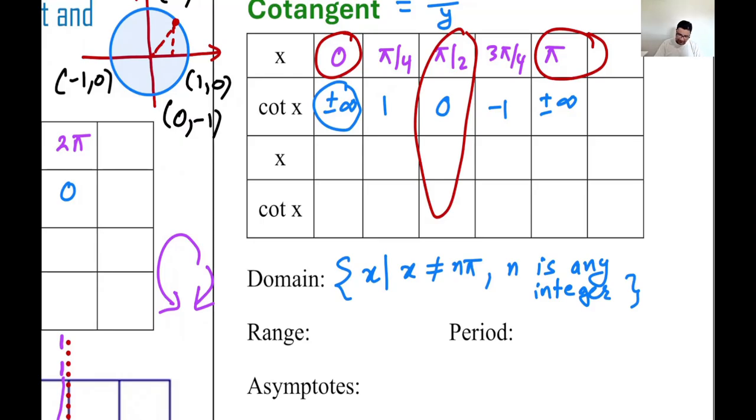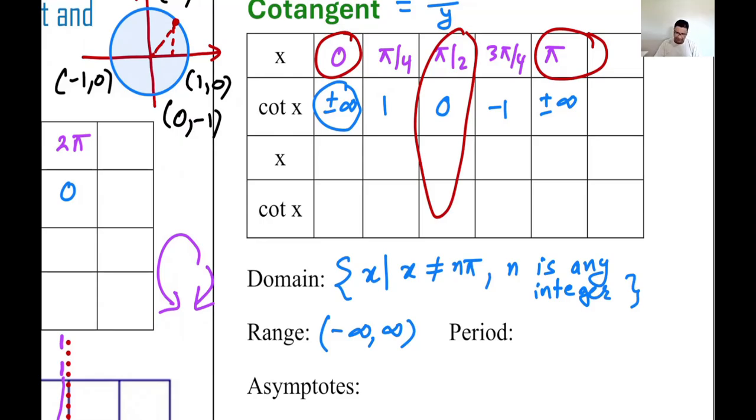As far as the range is concerned, we will get everything again, but I'll show you in the graph also in a second. For now, I just want you to see it, because if this is reciprocal of tan, when tangent goes to infinity, this will go to 0, and when tangent is close to 0, cotangent will go to infinity.